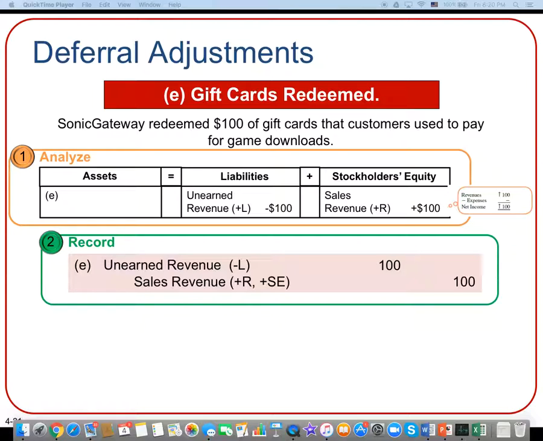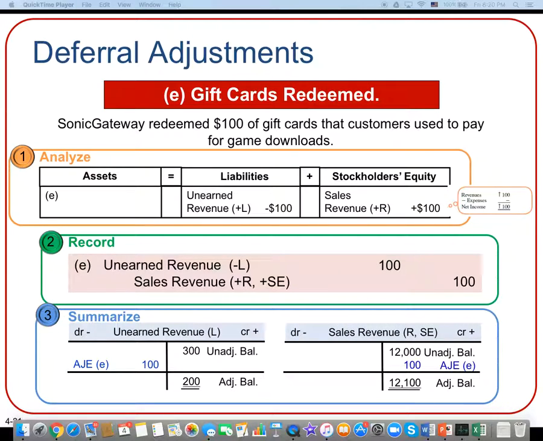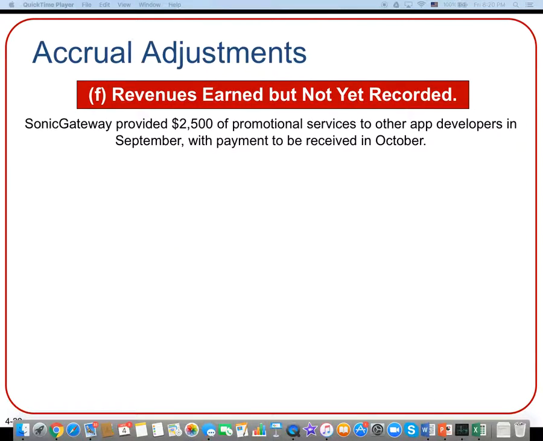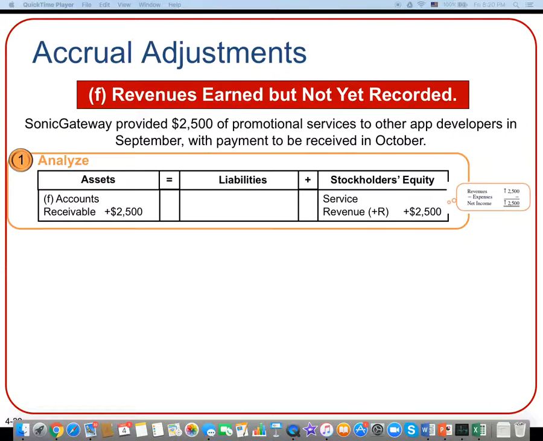Again, it's according to the revenue recognition principle. So, revenue earned but not yet recorded. What does this mean? This company, Sonic Gateway, provided $2,500 of promotional service to another app developer in September, with payment to be received in October.